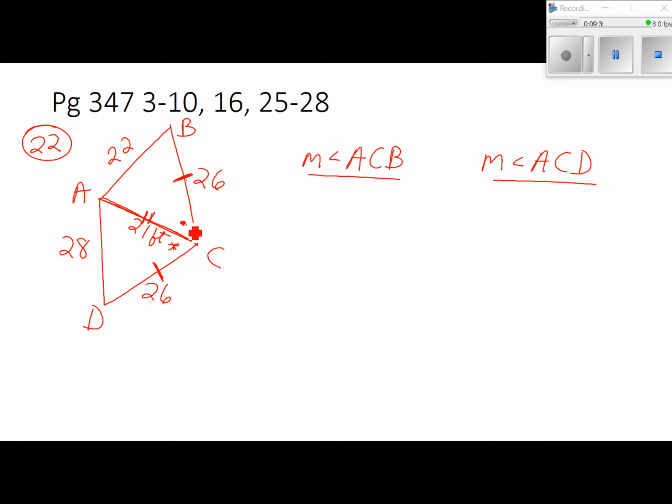We look at this top angle, it's across from a side that's 22. This angle's across from a side that's 28. Well, the 22 is smaller than the 28, so this angle should be smaller than this angle, so it would be the less than symbol. This angle has to be less than the measure of angle ACD.